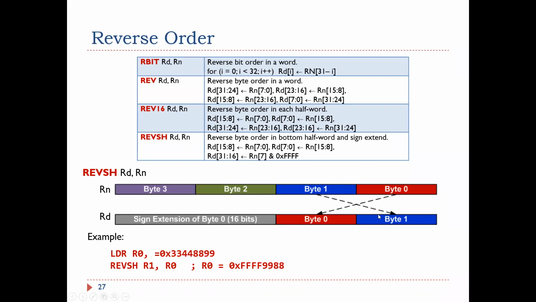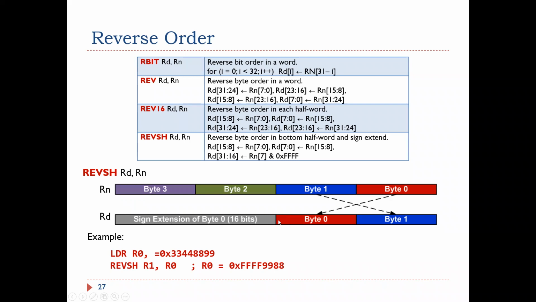But the interesting thing here is that it will be sign extended. So what is the meaning of sign extension? After the reversal, this is the boundary, the most significant bit here. The bit 15 of this half word, whether it is 0 or 1: if it is 0, then bit 16 to bit 31 will be 0, so we are extending the sign.